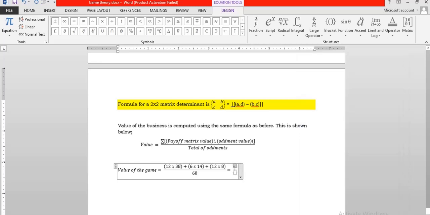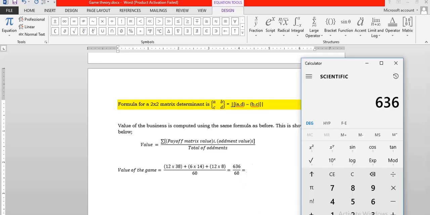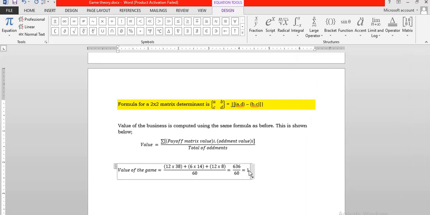This becomes 636 divided by 60, which gives you 10.6.